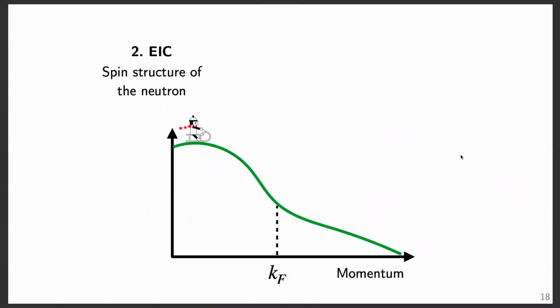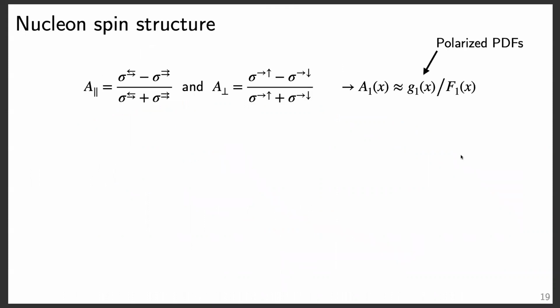Okay, so now moving on. So now we're going to stay at the low momentum part of the wave function, but now we're going to go to the EIC, which Abe talked about on Tuesday. So just a quick word about how you measure nucleon spin. You have access to the polarized PDFs by measuring these so-called double spin asymmetries, where you have a polarized electron beam and a polarized ion beam, and by measuring different orientations of them, you can extract these asymmetries.